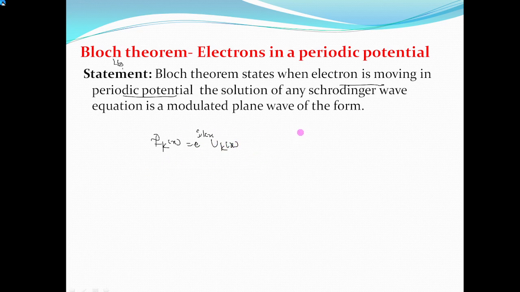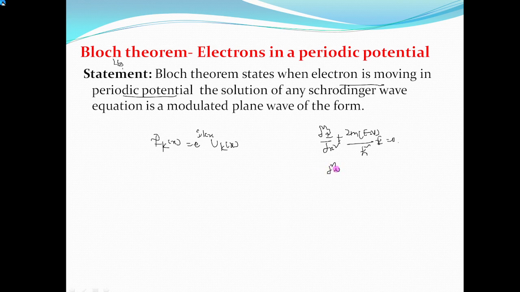See here, what is the Schrodinger wave equation we know? We know the Schrodinger wave equation as dou square psi by dou x square plus 2m into E minus V by h cross square psi is equal to 0. This is one form of Schrodinger wave equation.